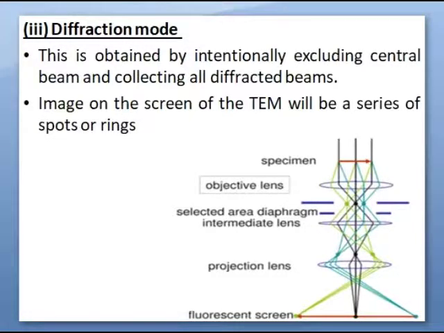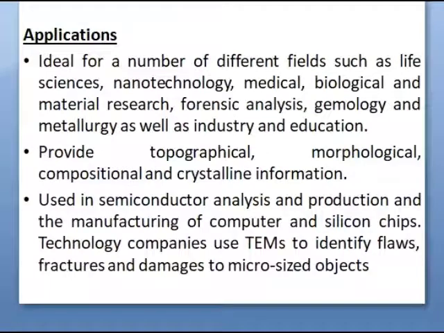We will now see what are the applications of transmission electron microscope. This is ideal for a number of different fields such as life sciences, nanotechnology, medical, biological, and material research, as well as forensic science, genomology, and metallurgy, as well as industry and education.